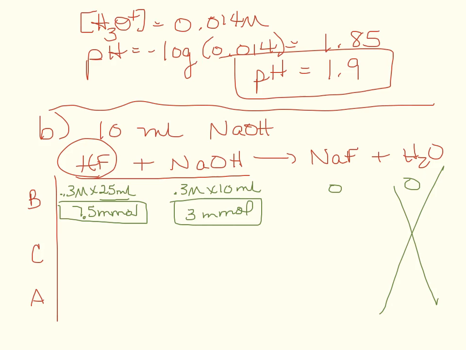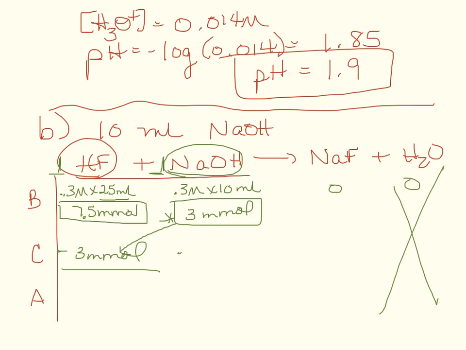All right, so now, this sodium hydroxide is a strong base, so whatever you add, 100% of it's going to react with the acid, regardless of whether the acid is weak or strong. So this amount of sodium hydroxide is our change. It will all react. So we are going to subtract 3 millimoles because hydrofluoric acid and sodium hydroxide react in a 1-to-1 ratio.